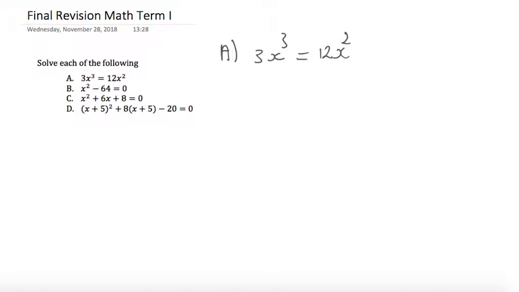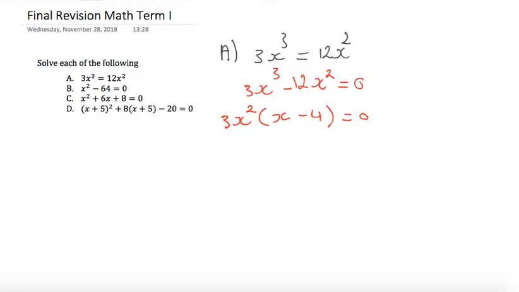So it's going to be like this. I will take 3x^3 and get the 12x^2 to the other side, and everything becomes 0. So I take the highest common factor, which is 3x^2, and divide. So it's going to be x minus 4 equals 0.